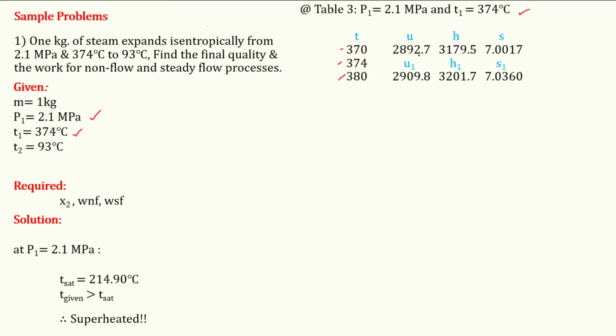Ang U dyan is 2892.7, H is 3179.5, and S is 7.0017. At 380 degrees Celsius, U is 2909.8, H is 3201.7, and S is 7.0360.